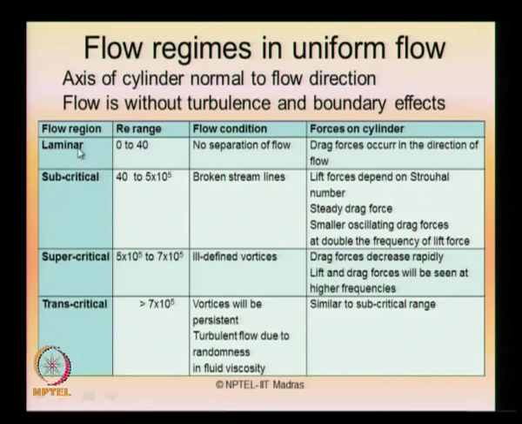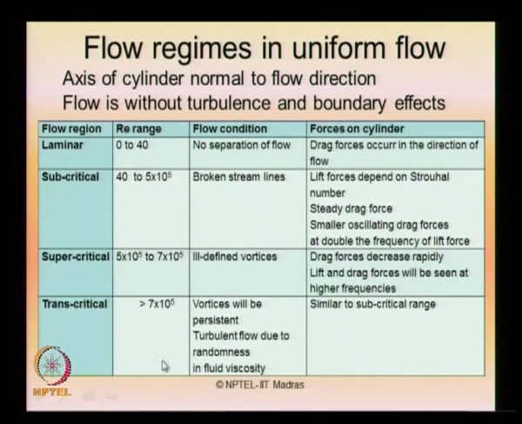Now if you look at the distinct difference between these regions in terms of flow condition, you will notice that there is no separation of flow in the laminar region. The laminar region more or less remains undisturbed when the body is interfering with the fluid, whereas in transcritical you have well defined vortices.